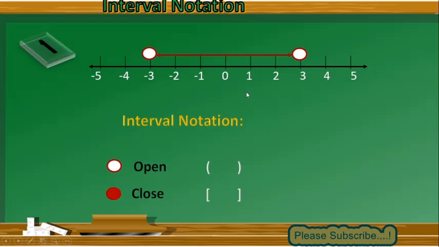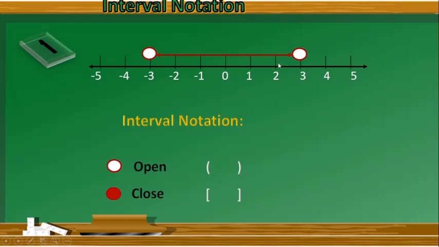Okay, going back to the problem, we notice that this one and this one are open. When they are open, it means that the values where they are located are not included in the solution. Only those numbers before this one and after this one are included in the solution.